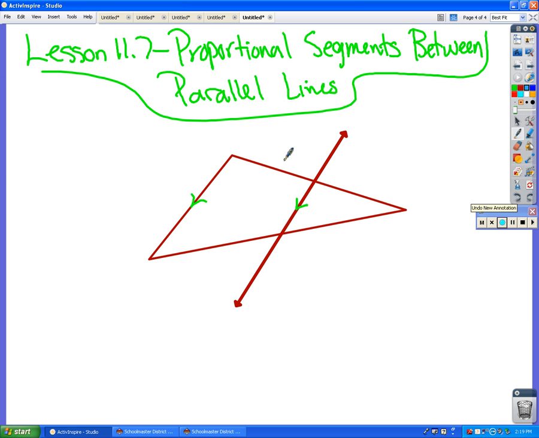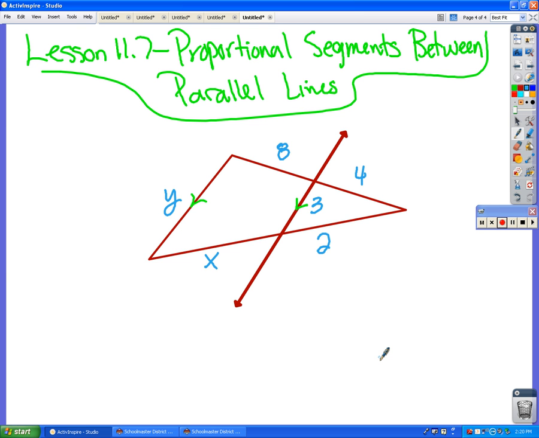So let's say that this piece right here is 8, this is 4, this is 2, and I'm going to label the others x, 3, and y. Let's do the easy one first. What is true about the two triangles that I have drawn there on the board? They're similar. How come? Angle, angle.